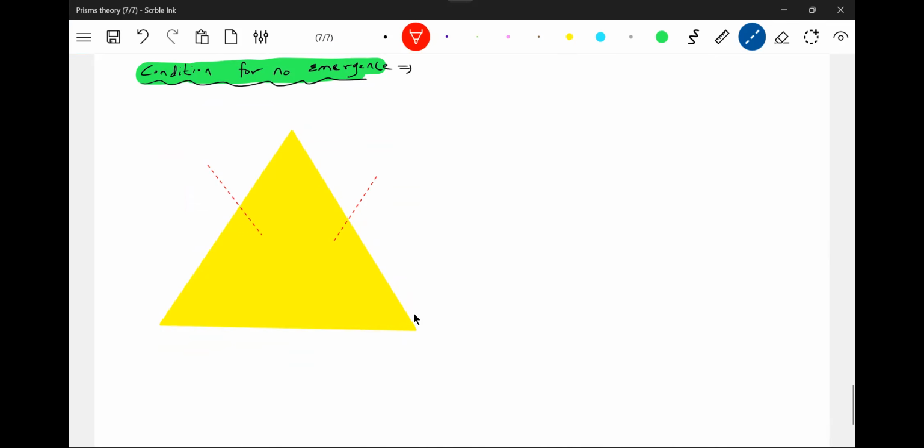For any angle of incidence, the ray should not emerge out. Let me use this color. Here, this is one angle. It will undergo refraction and will undergo TIR. I'll draw another color ray.